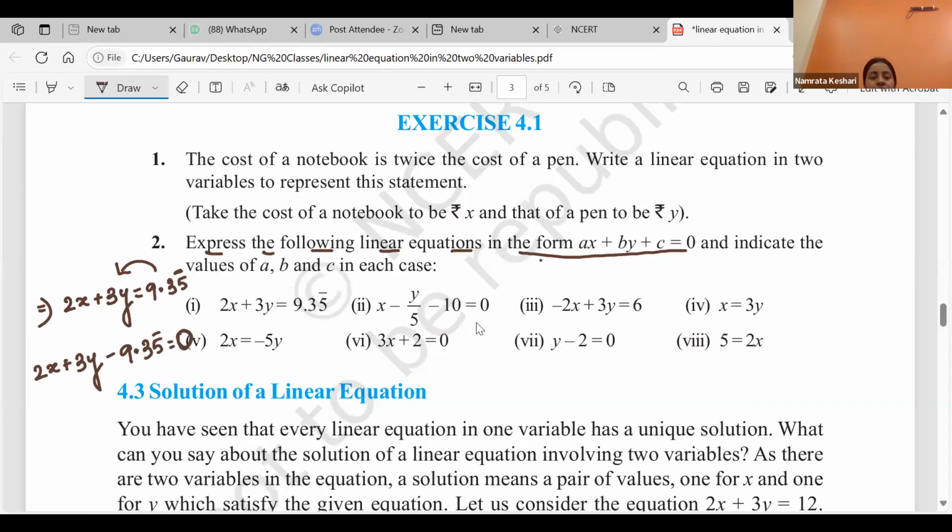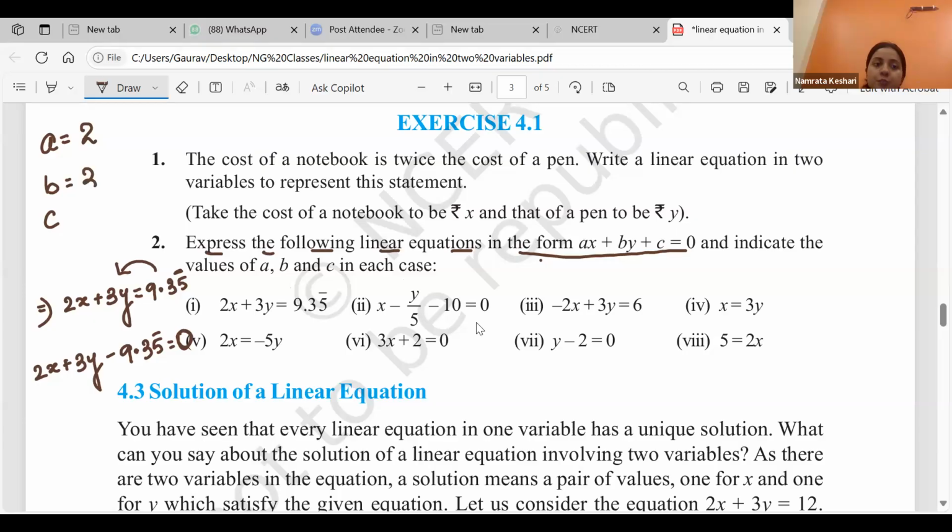Yes, ma'am. Now the next part is what is a, what is b, what is c. Don't say that a is 2x, by mistake also it is not allowed. Your a is the coefficient of x. Whatever is multiplied with x, that is your a. So your a is what? 2. Yes, it is 2. What about b? 3.